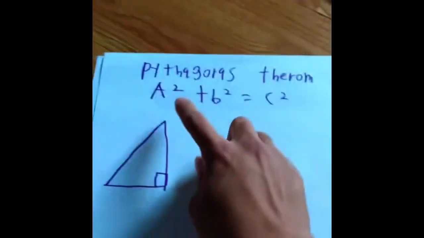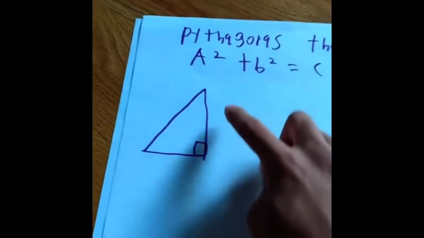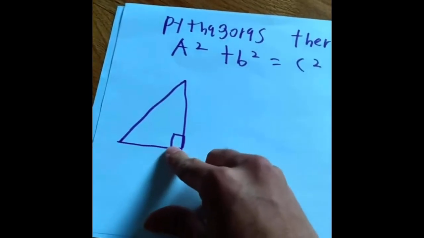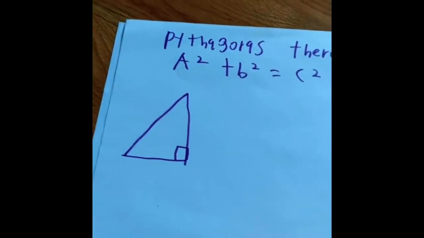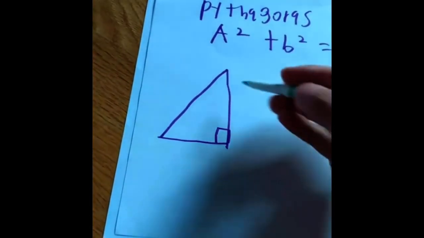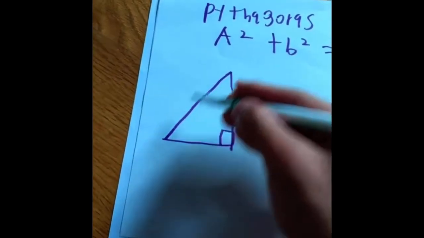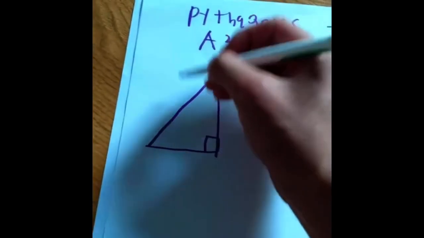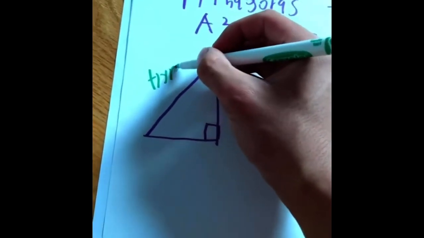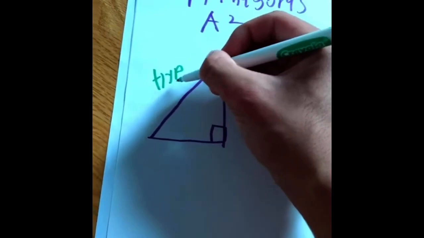The formula for the Pythagorean theorem is a squared plus b squared is going to equal c squared. Your c squared is going to be the longest side of the right triangle. That is called your hypotenuse, and it's abbreviated as HYP.